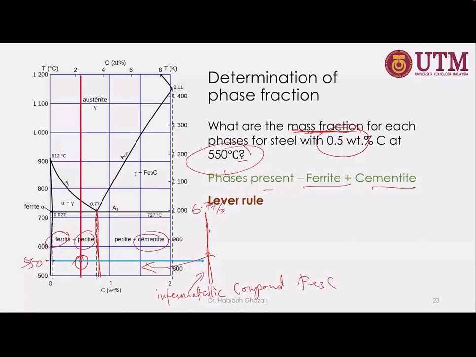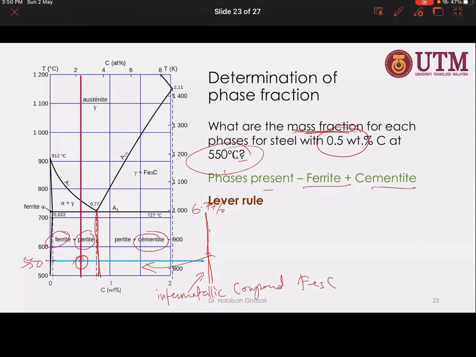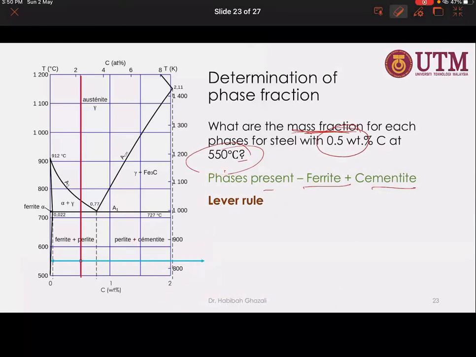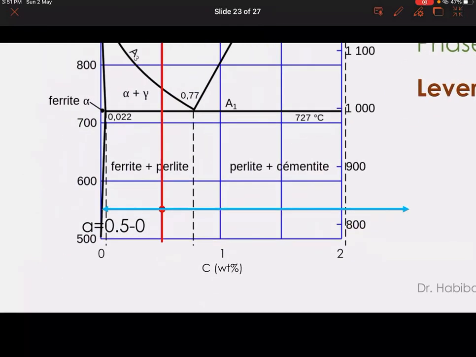Again, we use the same method, which is the lever rule. Now this is kind of an application of the phase diagram theory. With the lever rule, we draw a line. The most left side is 0, and the composition is C alpha. Why alpha? Because this region contains alpha. C alpha is 0, and we talk about two phases, ferrite and cementite.